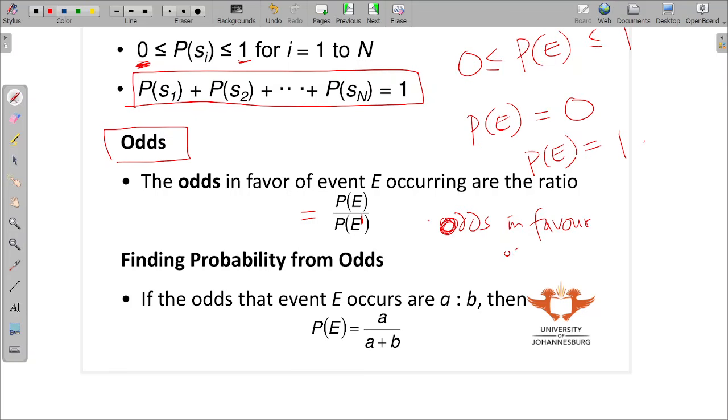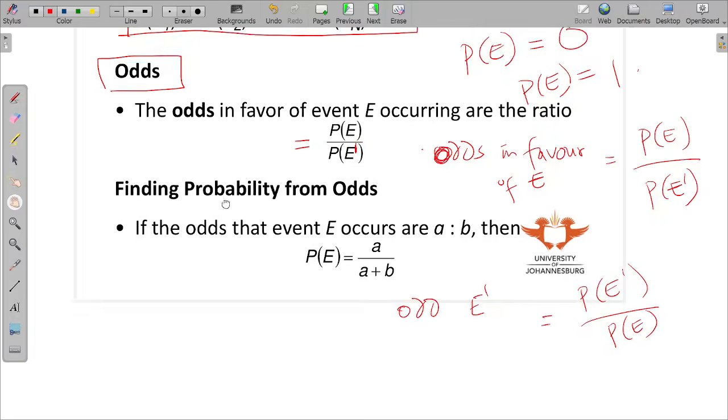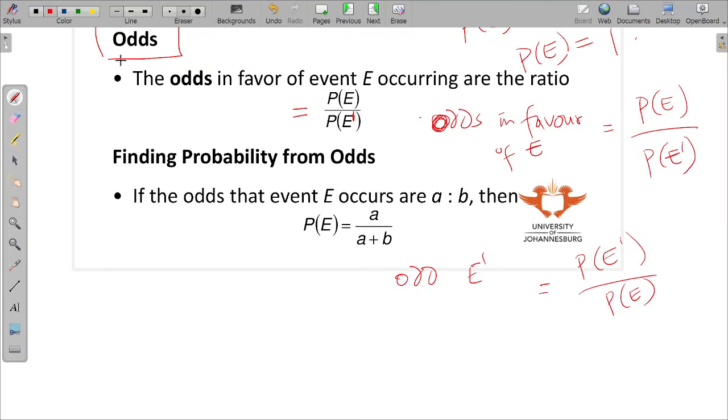If I'm looking for the odds in favor of E complement, then it will be the probability of E complement over the probability of E.